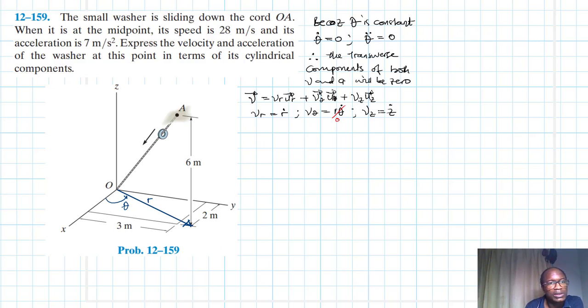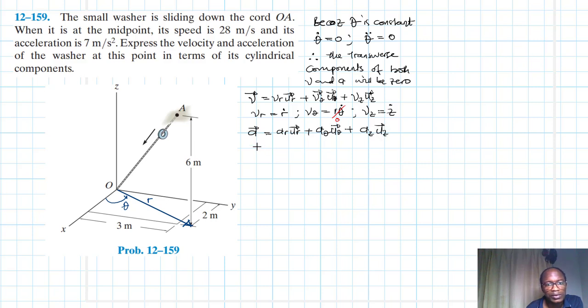And then we have acceleration. Our acceleration as a vector is equal to AR UR plus A theta U theta plus AZ UZ.